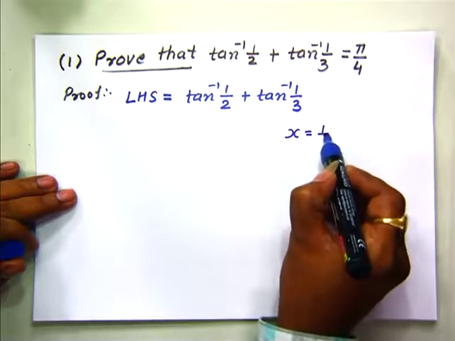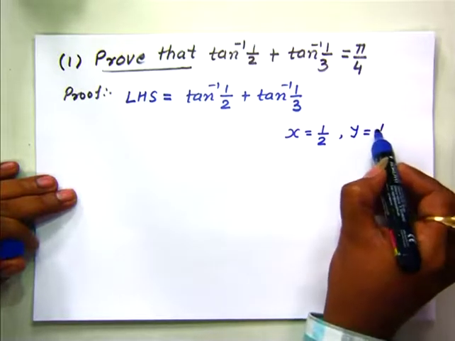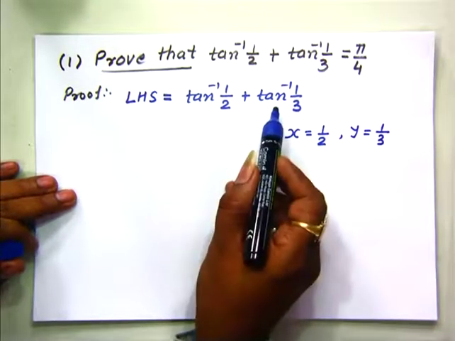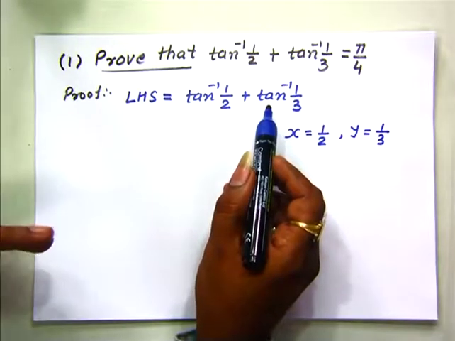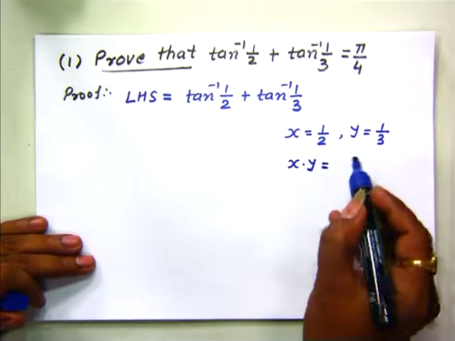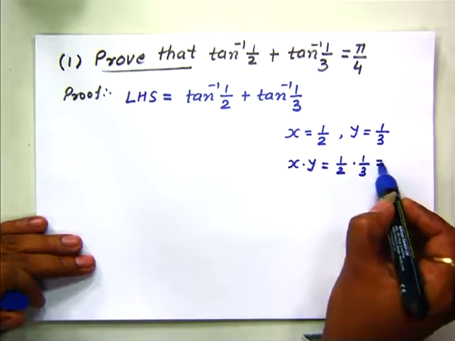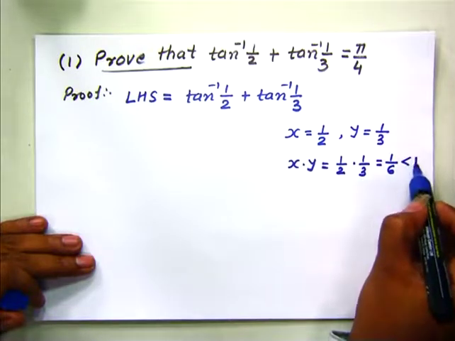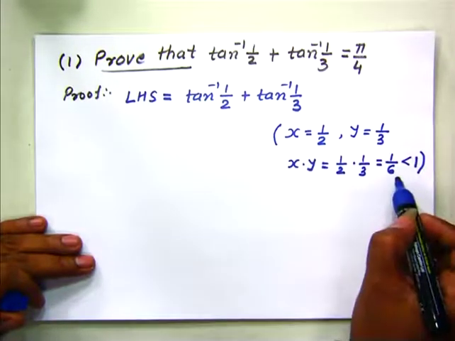X equal to 1 by 2. And what is y? Y equal to 1 by 3. But before we use the addition formula, we have to check the condition, because we have 3 formulae. So first of all, multiply this x into y. X into y is 1 by 2 into 1 by 3, which is 1 by 6, and 1 by 6 is less than 1. Okay, 1 by 6 is less than 1.